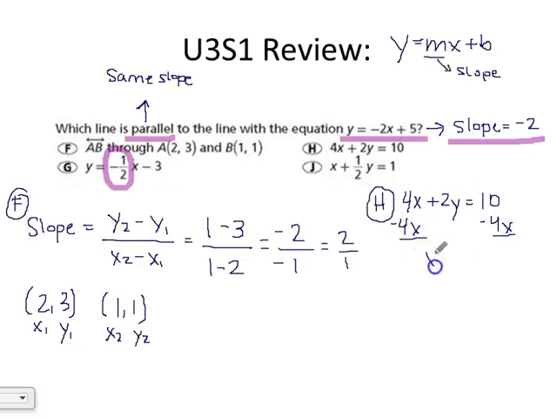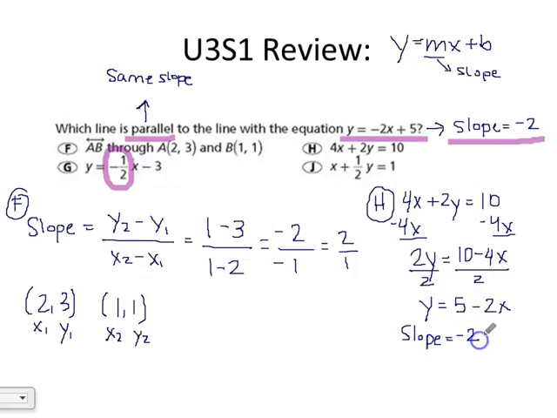We need to get y all alone on one side of the equation. What do we have? 10 minus 4x. And then we're going to get y all alone, dividing each side by 2. And then remember, I put all those terms over 2. So I'm taking 10 divided by 2, which is 5, and negative 4 divided by 2, which is negative 2x. So what's our slope here?